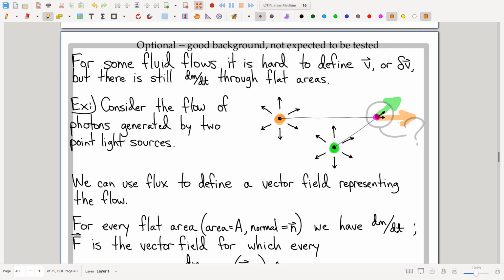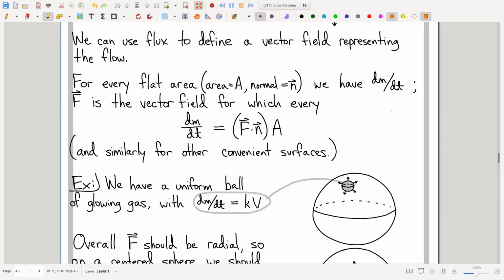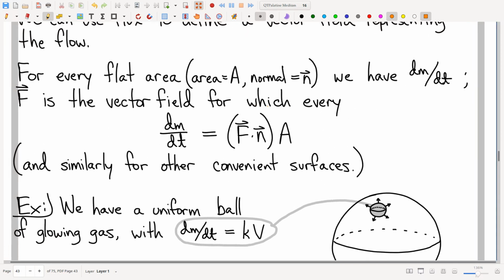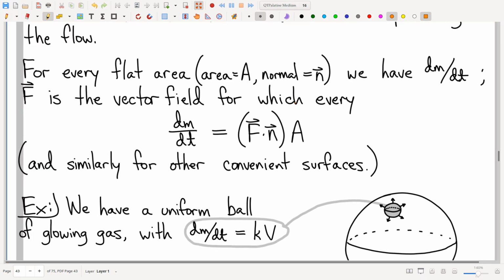It's not clear how I would define a vector field to represent this flow of this kind of a fluid. So the answer is that you take what we have on the previous page and just turn it around backwards. I wish we had more time to go into details, and I have a super cool example to follow that we can't do.